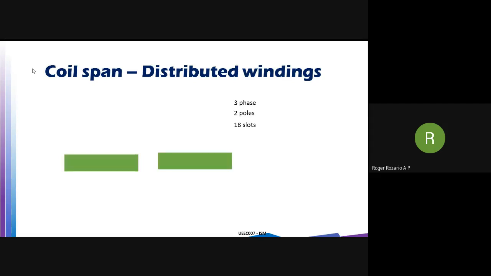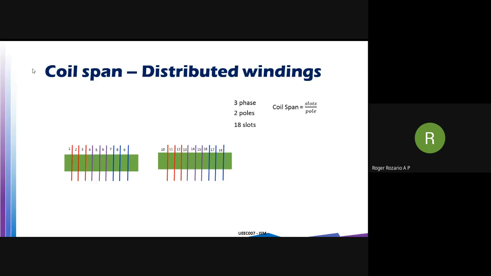Assume these are the two poles, and we have 18 slots. The slots are distributed between the poles. This is where you have to put the windings.